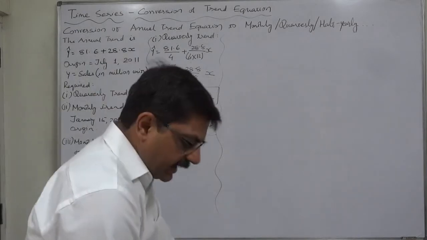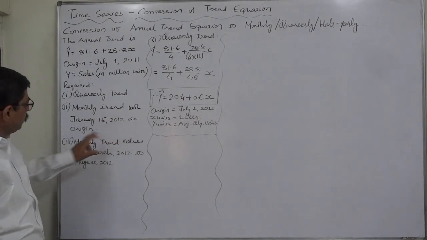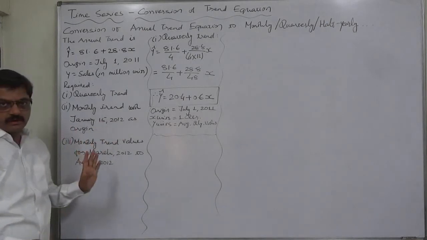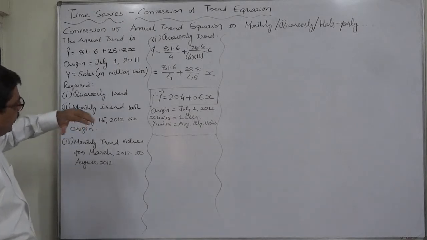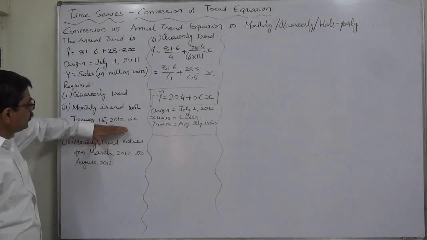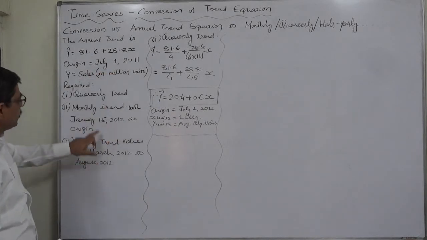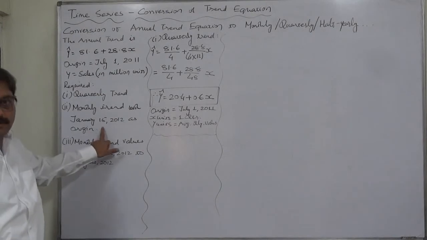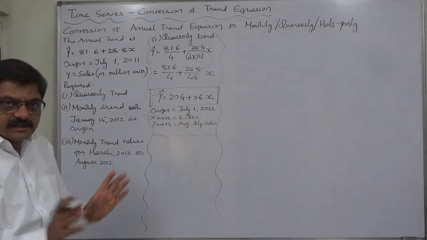Now the second item we need is monthly trend with January 15, 2012 as origin. So we need to convert the annual trend into a monthly trend, as well as shift the origin from July 1, 2011 to January 15, 2012. We are going to find both of these things separately.